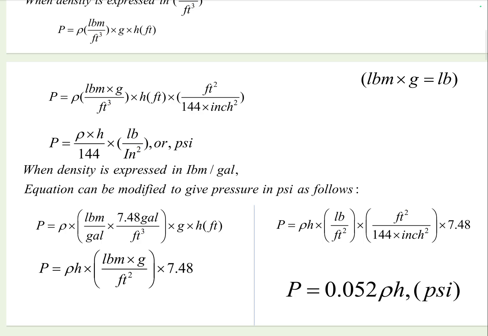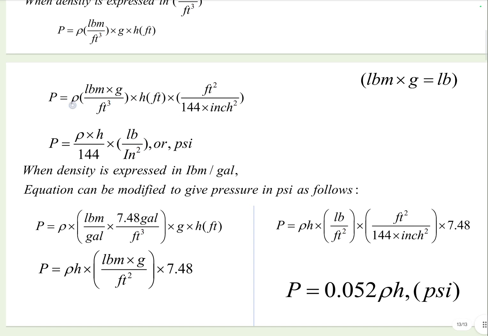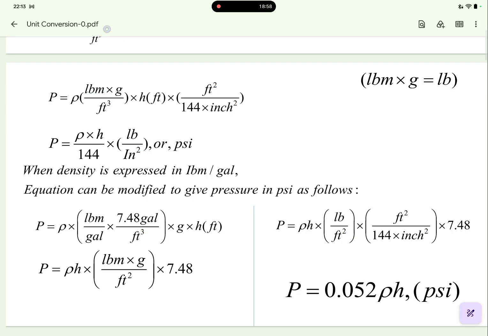Okay, so this is the same formula I have written over here, right? This rho, density, is equal to lbm per feet cube. We are keeping this together, right? lbm multiplied with g divided by the feet cube. As I explained, there is a relationship between lbm and lbf.